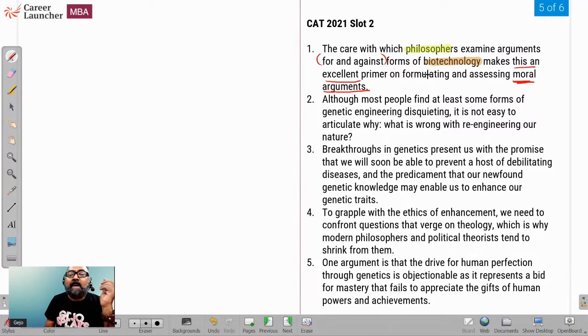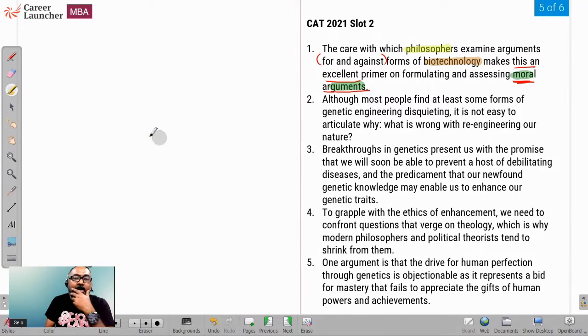This sentence is talking about the fact that if you look at the arguments in biotechnology for and against, we can use that to create moral arguments. So a lot of keywords that we can mention here. The sentence has got three sort of keywords. Philosophers can look at the debate around biotechnology and use that to formulate moral arguments.